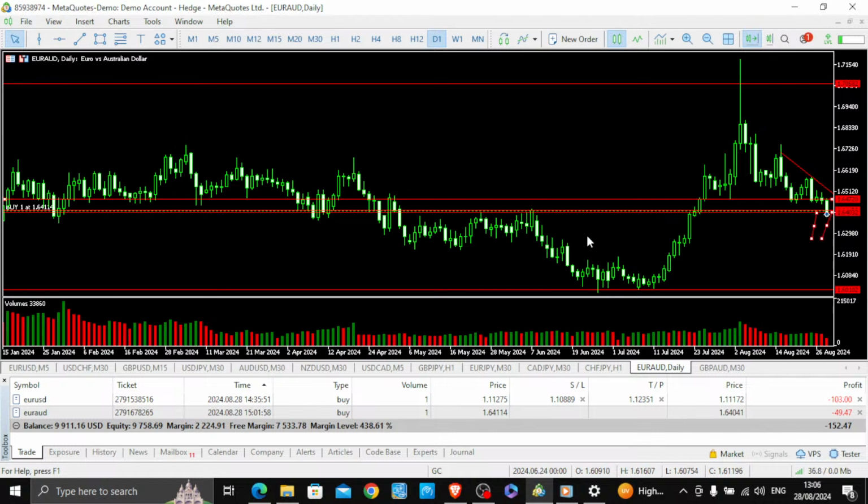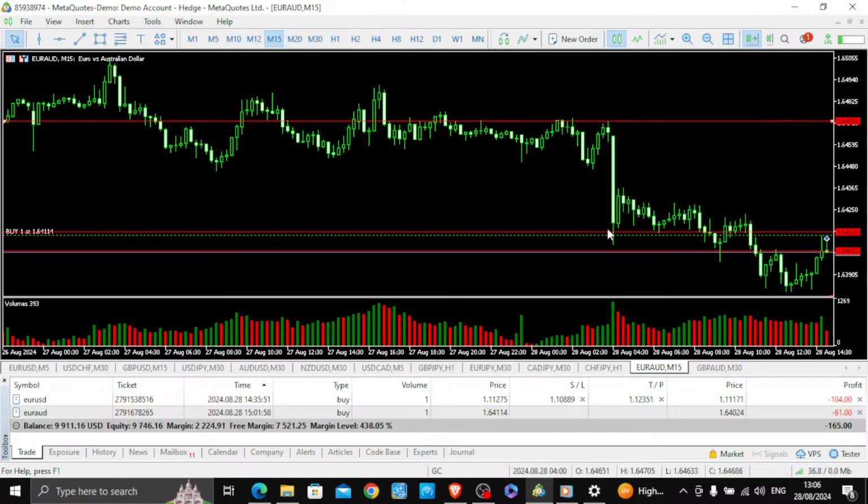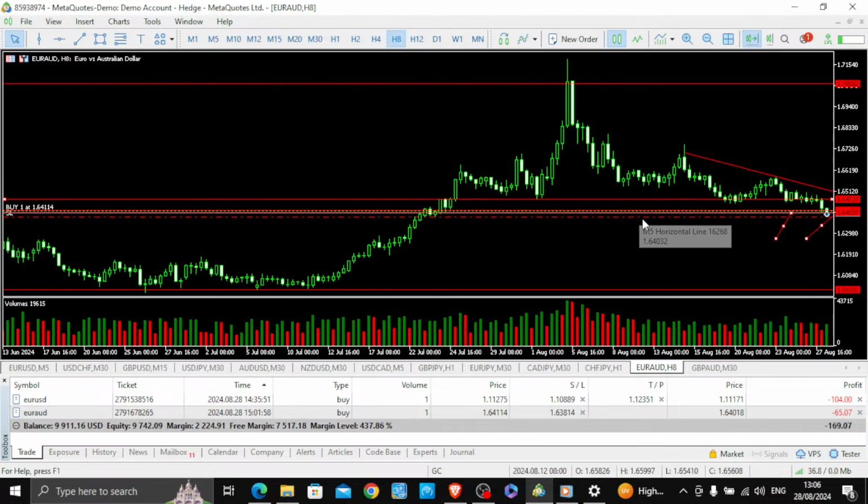That is why we enter this trade now, and we put our stop loss here. Let's check our stop loss. I will allow some room.